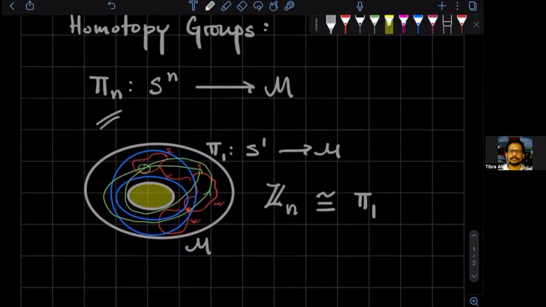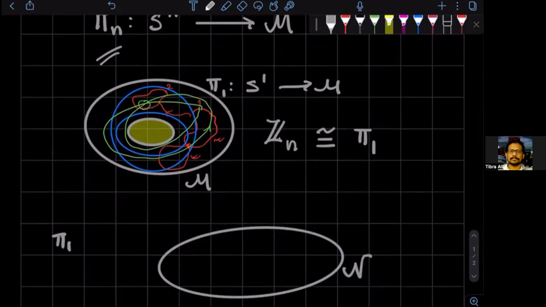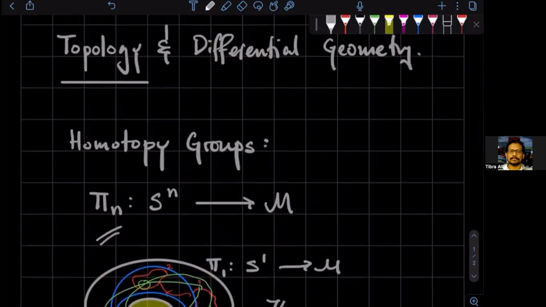In this case, what it is telling you is that there is a hole in the space. So if you were to work out pi1 for a space like this, say a disk, then you see that there are only trivial elements. Everything can be deformed into this point. So in that case, pi1 would be just, well, I like to write 1, the identity, the trivial group. So that's an application of group theory to topology.